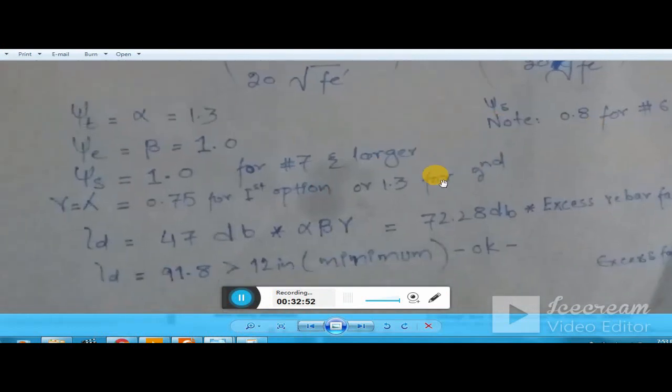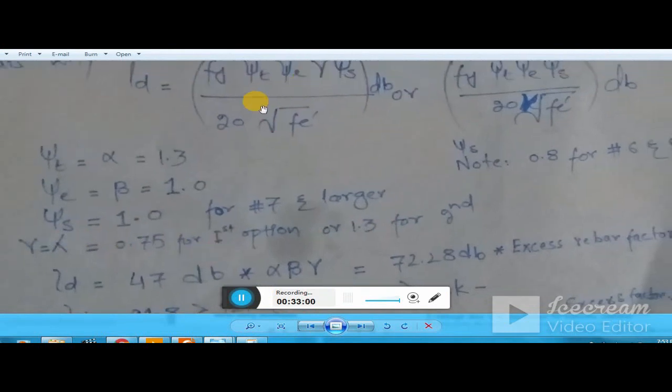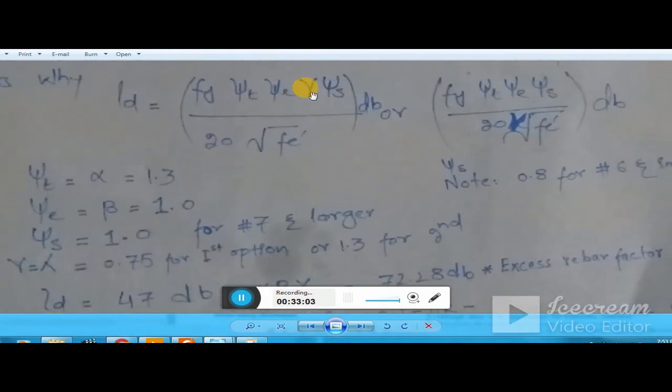Clear? I write it down. And the next thing is gamma or lambda. Sometimes we represent it by lambda or gamma. That is 0.75 for the first option. Here you will use 0.75 and 1.3 for the second option. Sorry, I made a mistake. Okay, here you have to use 0.75 and here you have to use 1.3.